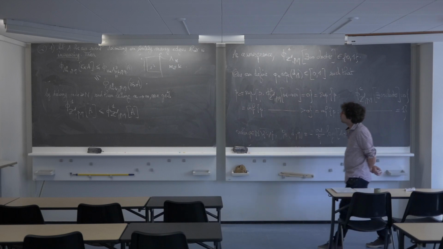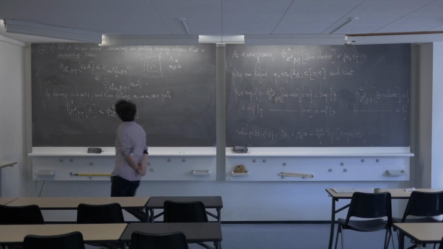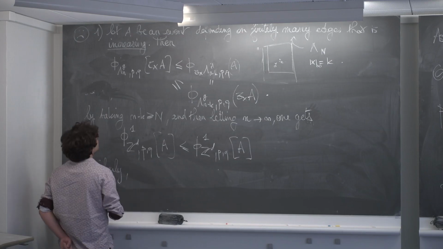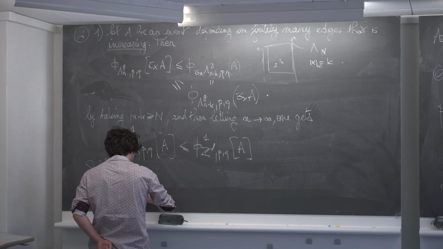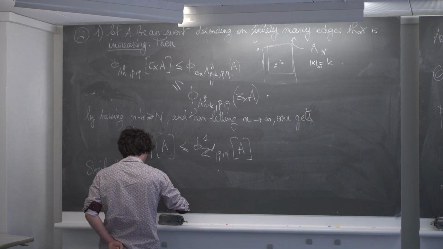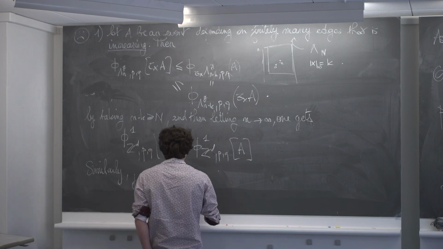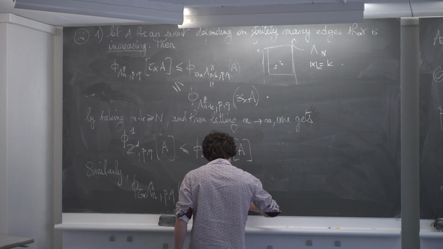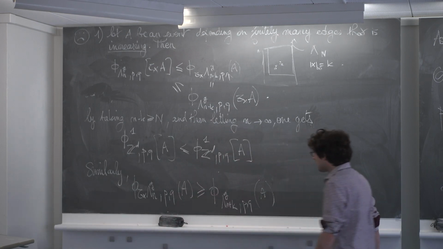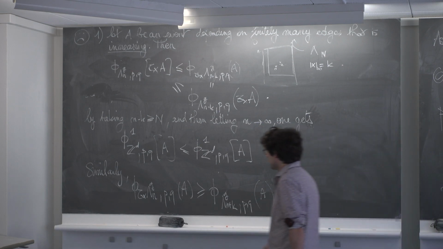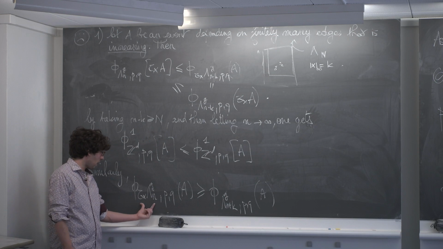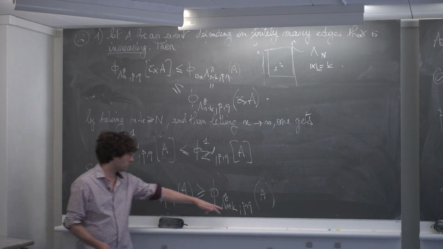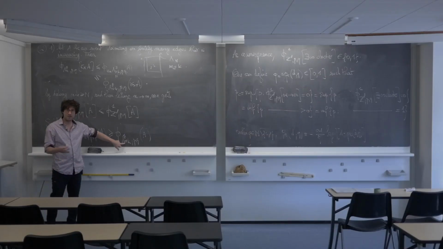But notice that what I did also works. So similarly, I also have that phi tau x lambda n ghost PQ of A is also larger or equal to phi lambda n plus k ghost PQ of A. Exactly for the same reason, which is that this graph is included in this one, and the ghosts correspond to saying that all the edges that are in this but not this have intensity 1.